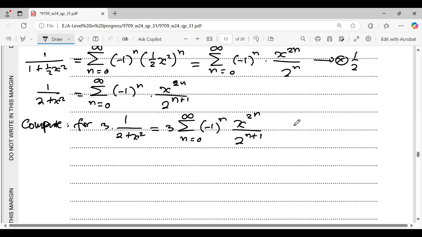And if you give the assumption that 2n equal 3, there will be no solution. So we are not going to use this expansion for the solution.